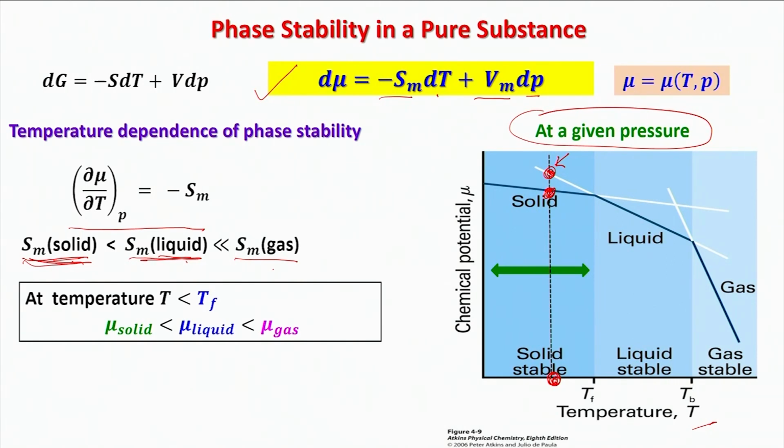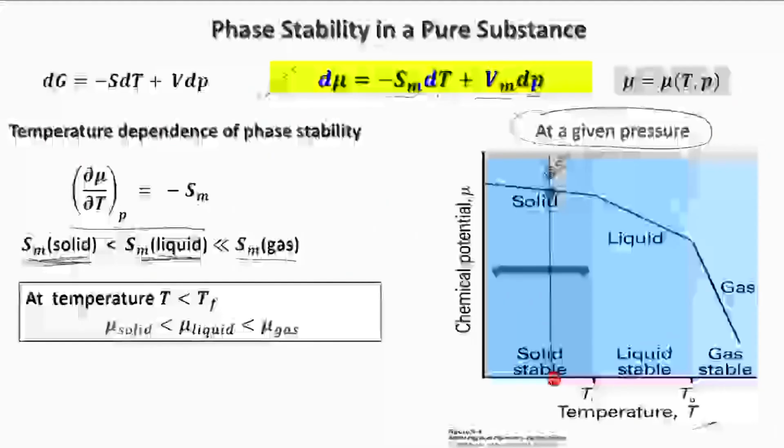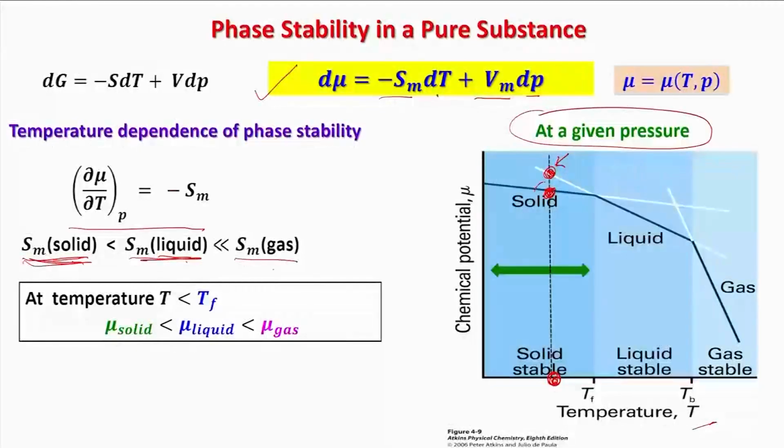Why is that so? Because that process will then be associated with a decrease in chemical potential. Therefore, there will be transfer of matter from the less stable phases like liquid or gas, which are present at a higher chemical potential, to the phase where the chemical potential at this given temperature and pressure is minimum.